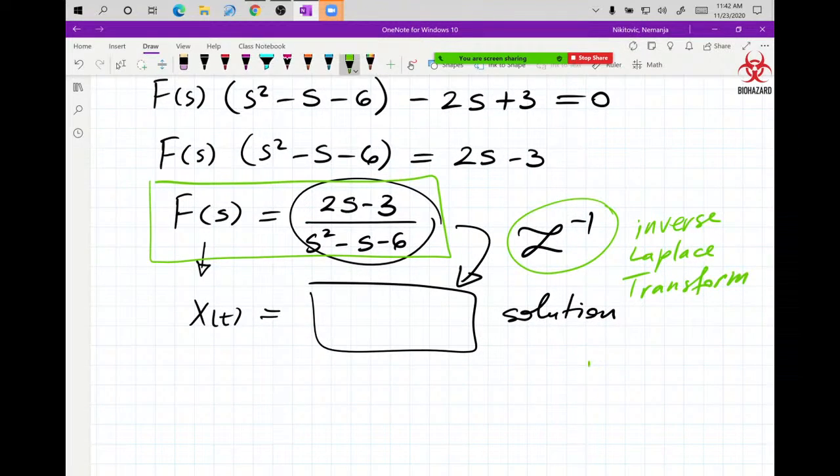So when you have some kind of expression, you use the Laplace transform to go from the time domain into the frequency domain, and then you use the inverse Laplace transform to go back.